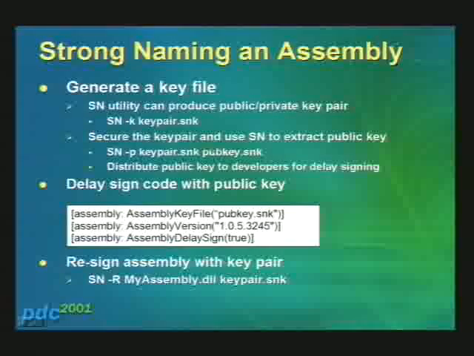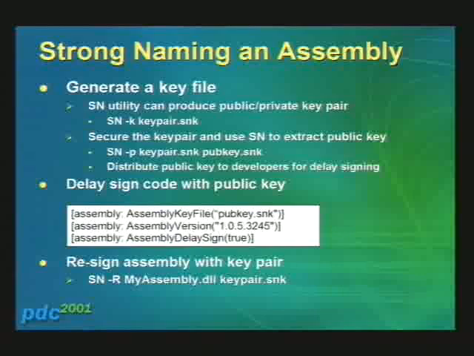If I then want to pull just the public key out of that key file, I can do SN -p and give it the name of the key file and another file name where I want the public key portion stored. Now this is important because you don't want the private key that you're going to be doing your signing with to be handed out indiscriminately. You probably don't want it handed out to developers within your organization.